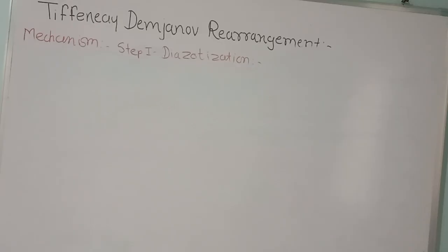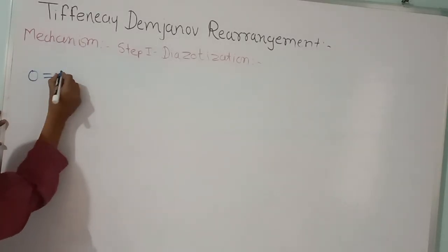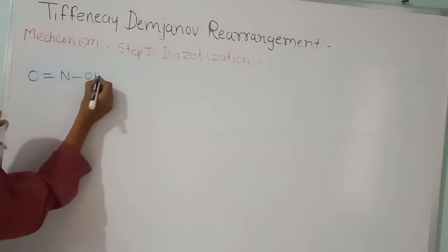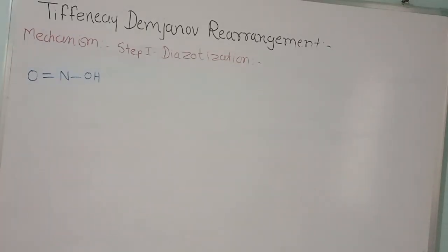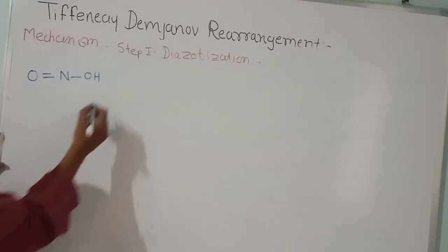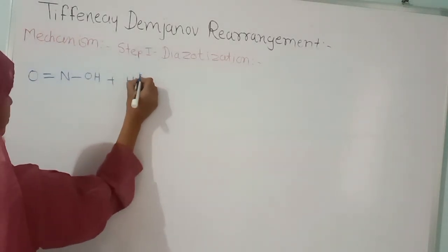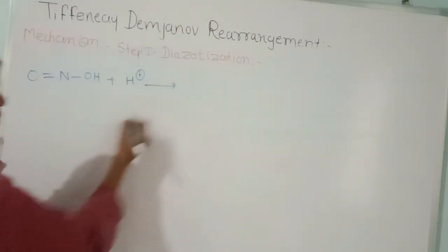In the mechanism, the first step is diazotization. Here our nitrous acid is treated with H plus. Then what will be the product?